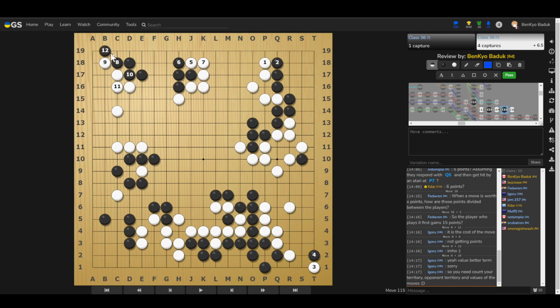So does somebody want to tell me how big 12 is? Let's just assume that black is alive. So how big is this B19? This B19 was just a follow-up of something we were talking about, right? We're kind of glossing over it, right? But how big is it actually? It's not the biggest move on the board right now, I'll tell you that.